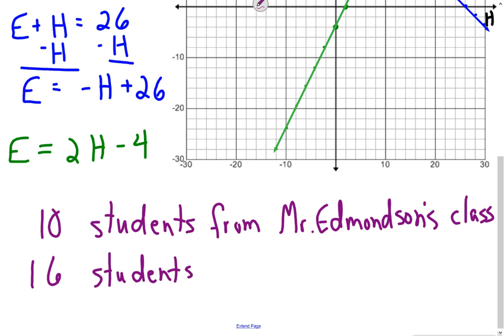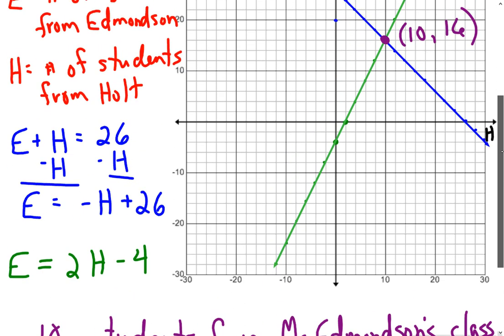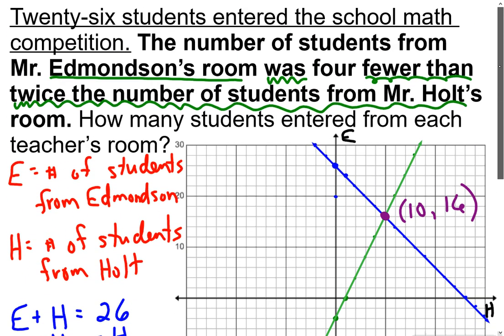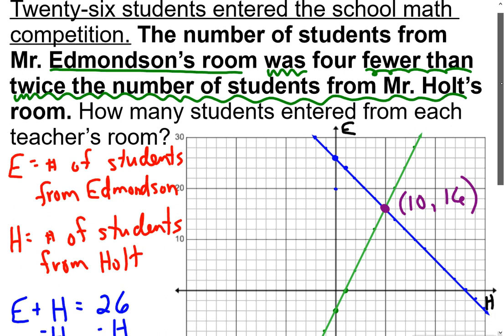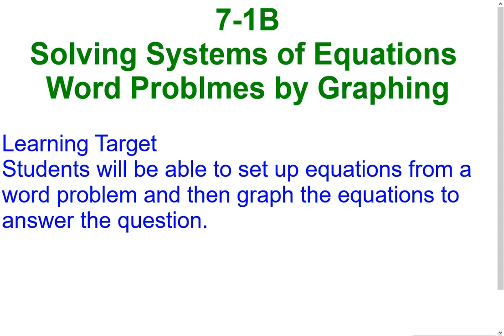Oops, forgot the S on that. And there we go. We have solved that word problem, wondering how many students were from each one of these classrooms in the math competition. 10 from Mr. Edmondson and 16 from Mr. Holt's class. That's going to conclude my lesson on word problems and using the graphic approach to solving them.